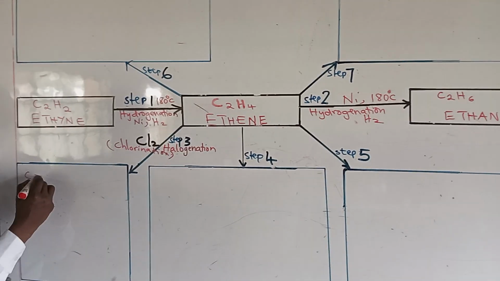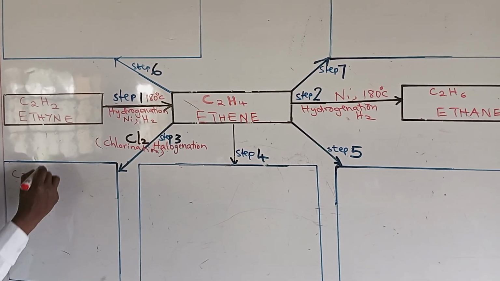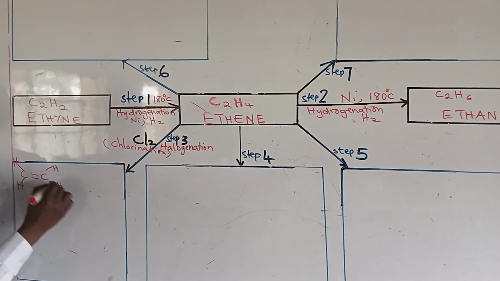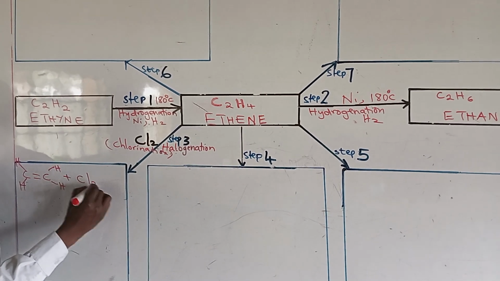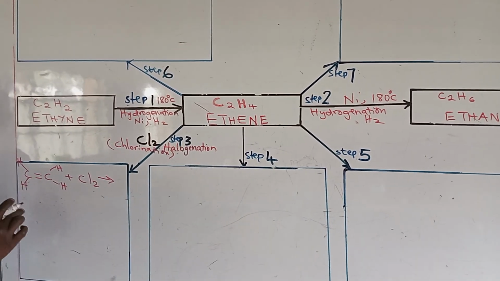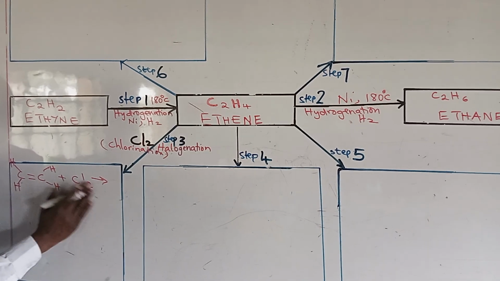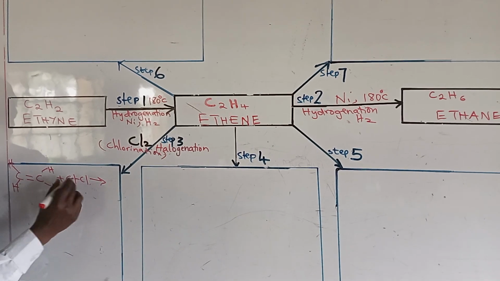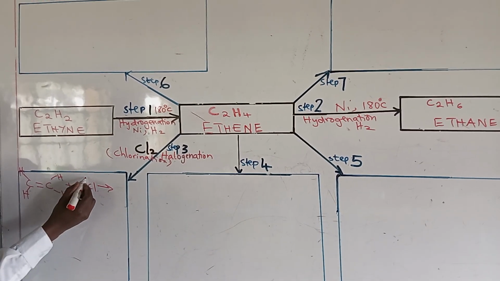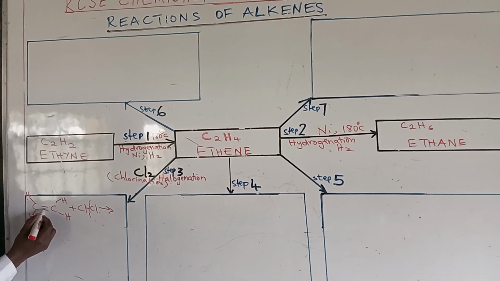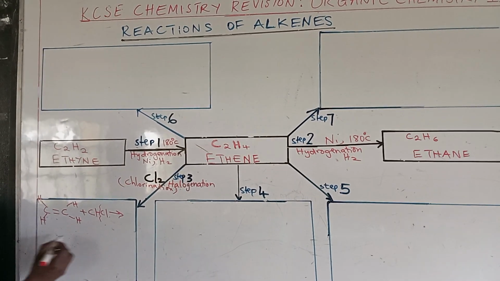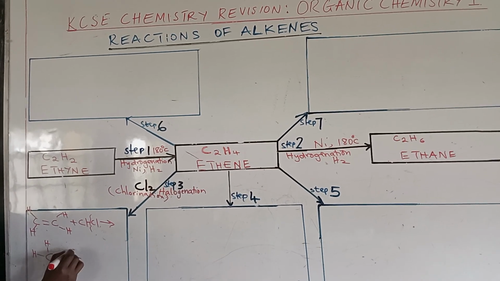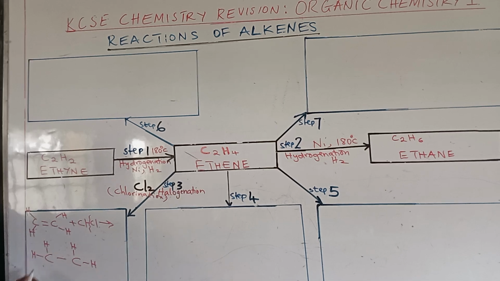So I would like us to use the open structure formula instead of using the molecular formula, and we see how chlorine is added across the double bond. You find that the chlorine molecule actually comes as a covalent bond between two chlorine atoms, and when this bond breaks, together with the double bond breaking, the hydrogens that were there are still present.